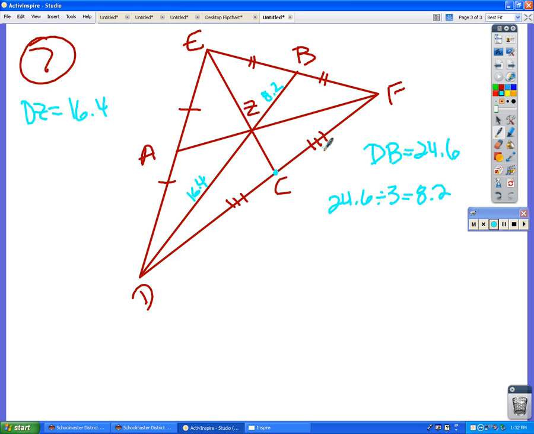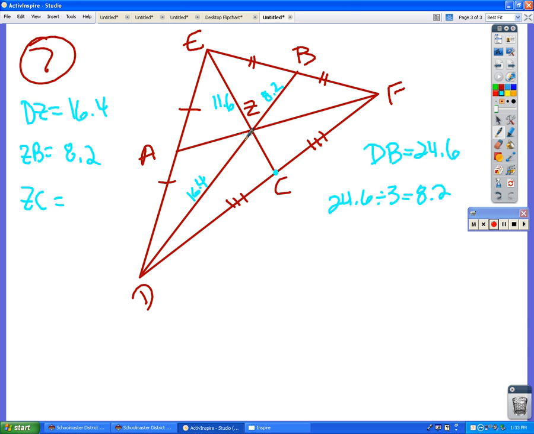So that little piece is 8.2, and then since the other one is twice as big as that, it must be 16.4. Okay, then it says EZ is 11.6. So now you can do it the easy way. What is VC? 5.8 because it's half of the 11.6, right?